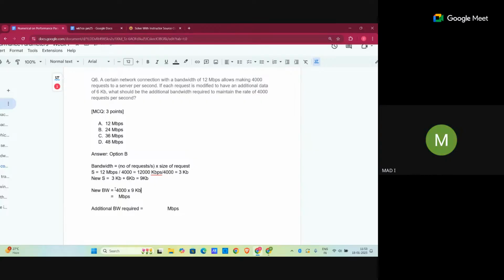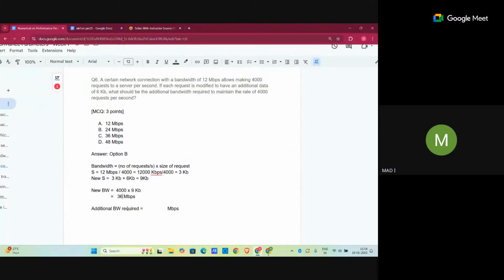Kilo multiplied by 1000 becomes megabits, and as it is request per second, the answer comes as megabits per second. 4 nines are 36, so this answer will be 36 megabits per second.